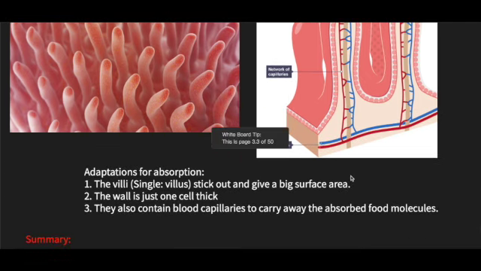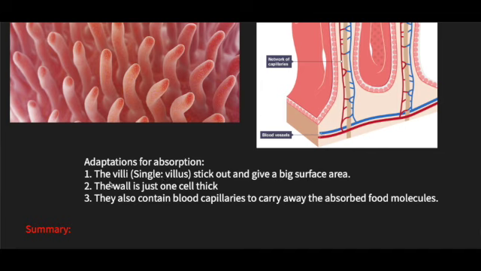So here I have given you these 3 adaptations of the small intestine, how they adapt for the job. Number 1, the villi, the singular is villus, stick out and give a bigger surface area. So each of those has an extension like this, so that increases the surface area for food to be absorbed. Number 2, the wall is very, very thin.